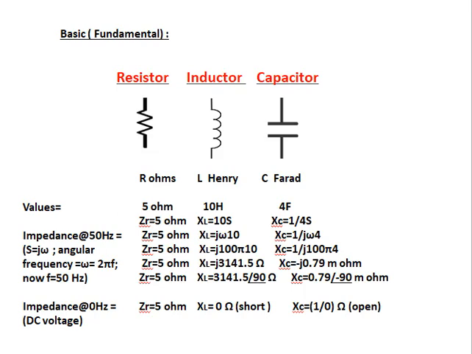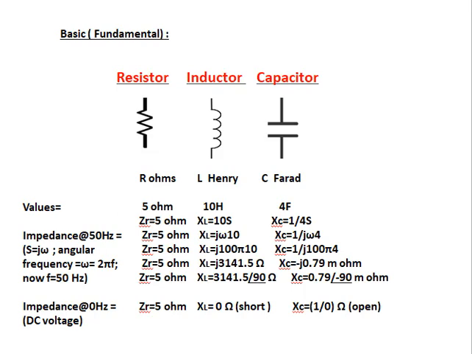Impedance at 50 Hz. S is equal to j omega, angular frequency omega is equal to 2 pi f. Now f is equal to 50 Hz. ZR is equal to 5 ohms, XL is equal to j omega 10, XC is equal to 1 by j omega 4. XL is equal to j 100 pi 10, XC is equal to 1 by j 100 pi 4.